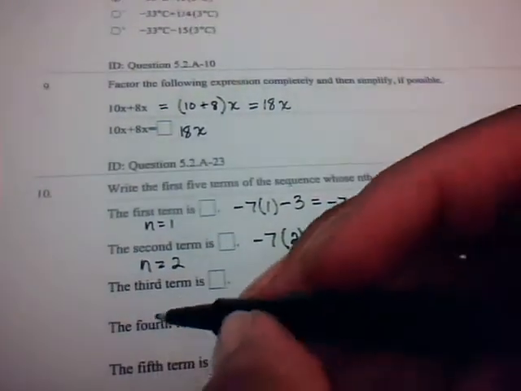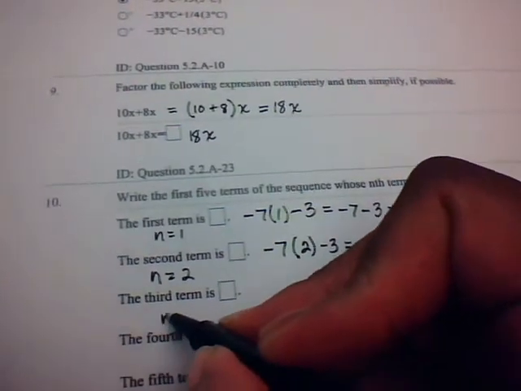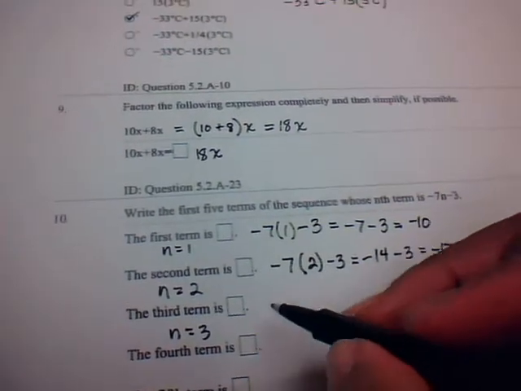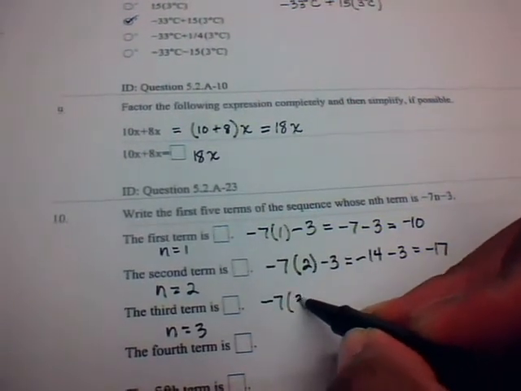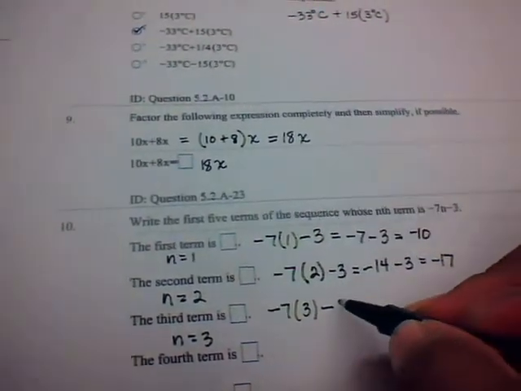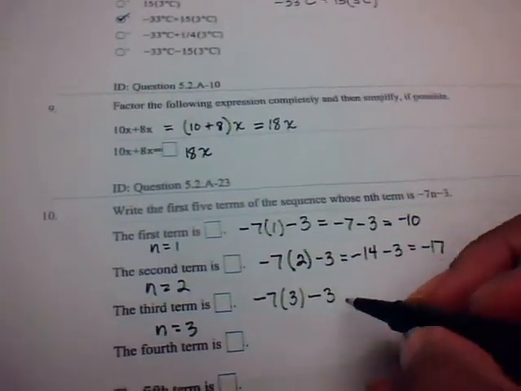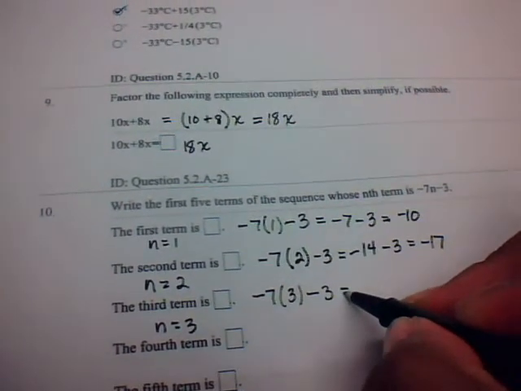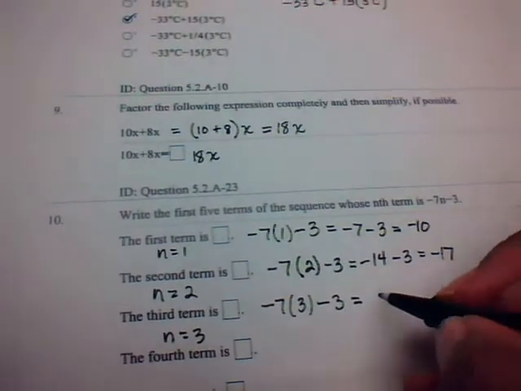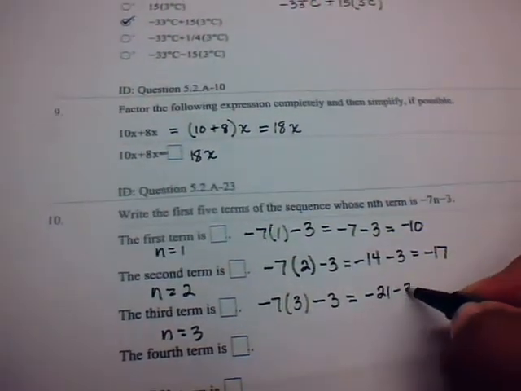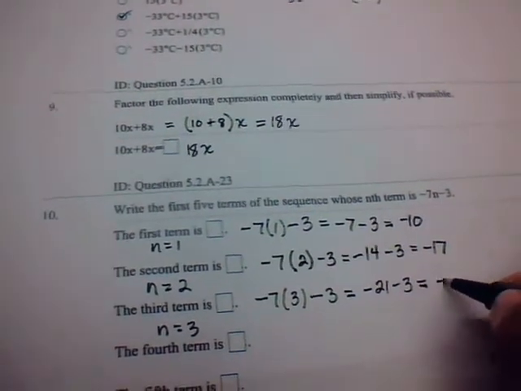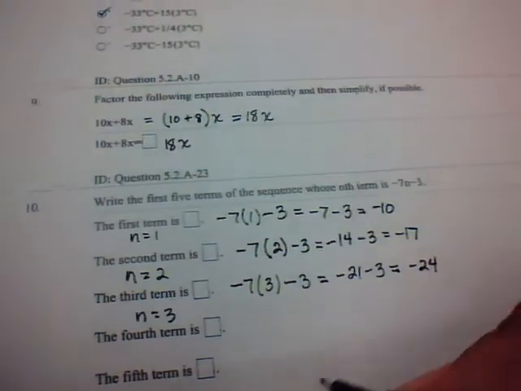And then the third term, that means n is going to be equal to 3. And then we have negative 7 times 3 minus 3. So in this case here, negative 7 times 3 is negative 21. Negative 21 minus 3 is negative 24.